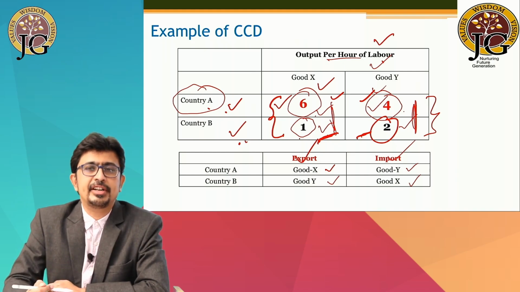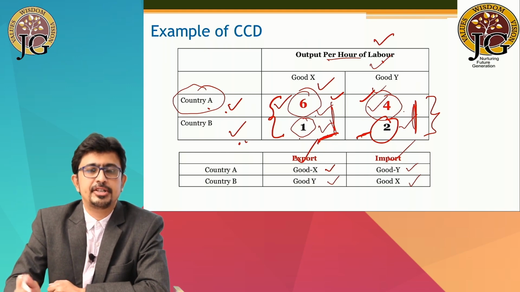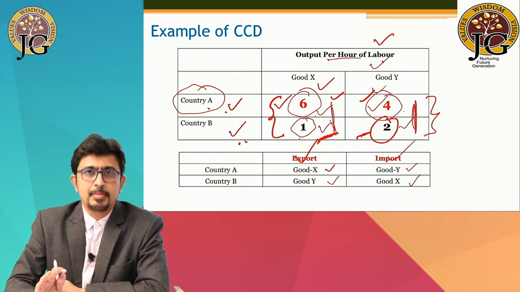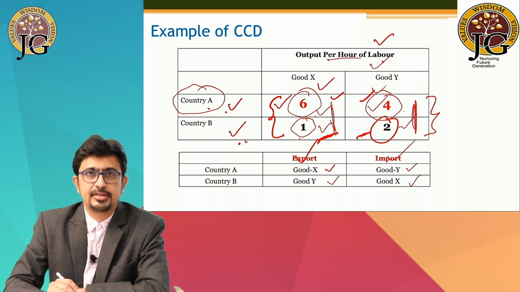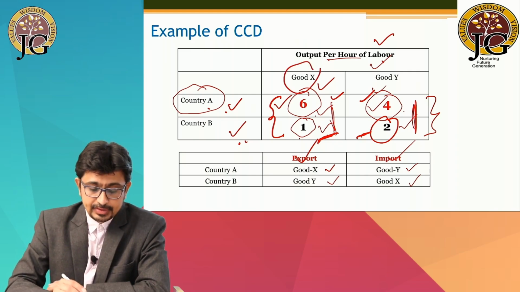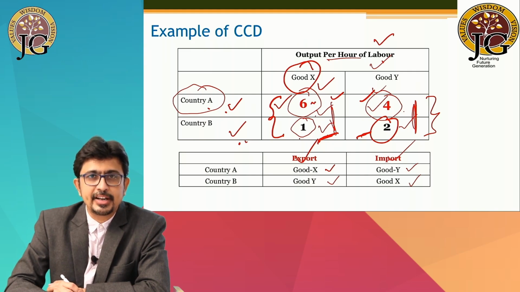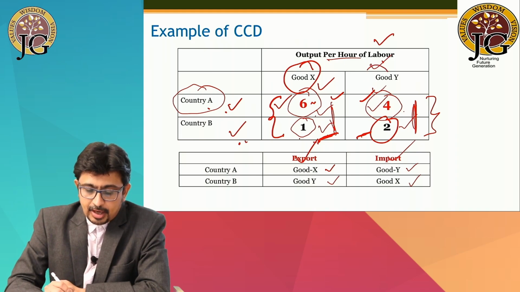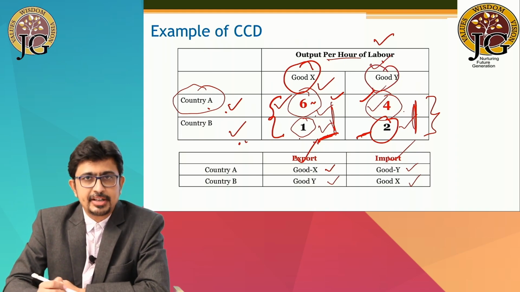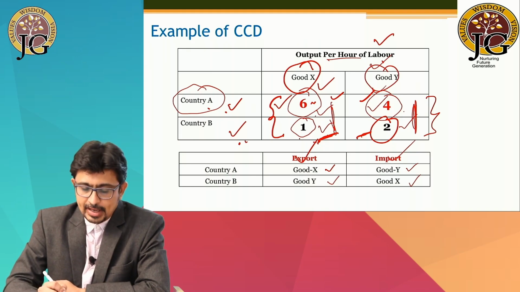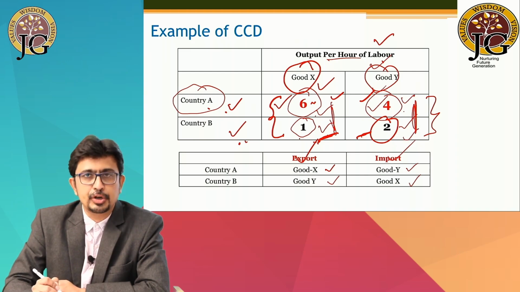So country B is having an absolute disadvantage in the production of both the commodities, but it is having a huge disadvantage in the production of good X, because it is 6 units by country A, whereas only 1 unit by country B. In the second product, again country B is having a disadvantage, but this disadvantage is comparatively lesser. Whereas country A is producing 4 units, B is able to produce 2 units of Y.